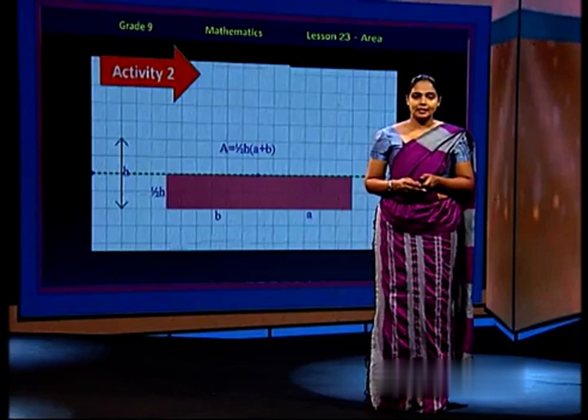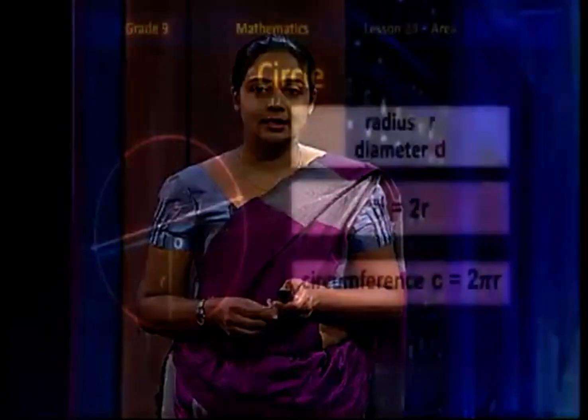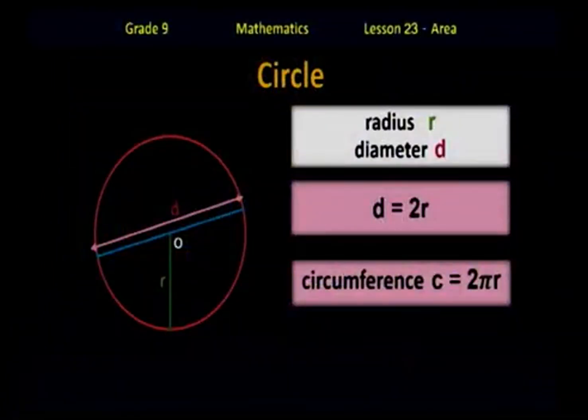Okay. Then students, now we have to go to the next one. Now we are going to find out the area of a circle. All of you know what is a circle. There is a circle. Now you can see it. The midpoint is the center.